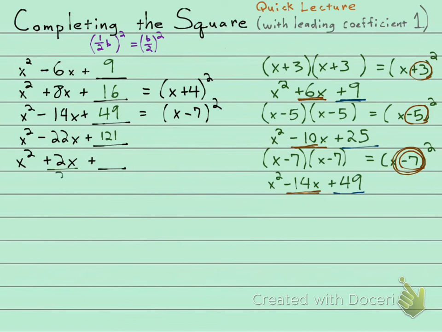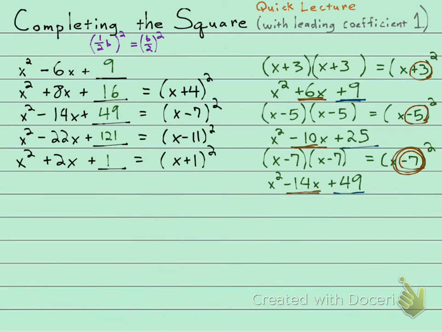And then half of 2 is 1. 1 squared is 1. All right, so if I factored this trinomial here, it would be x minus 11 times x minus 11, x minus 11 squared. This one would be x plus 1 squared.